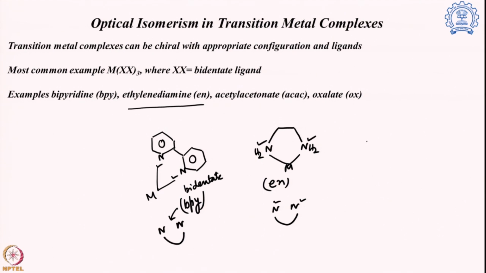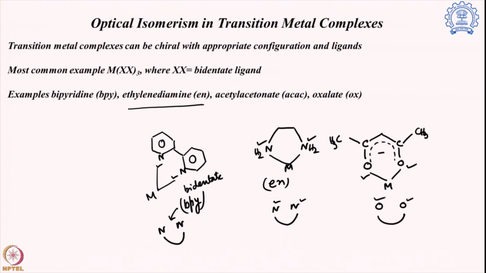Then we can have acetylacetonate, where we have a strong resonance with negative charge, and this can bind with a metal. So this is also a bidentate ligand, and we generally show it in this particular direction.